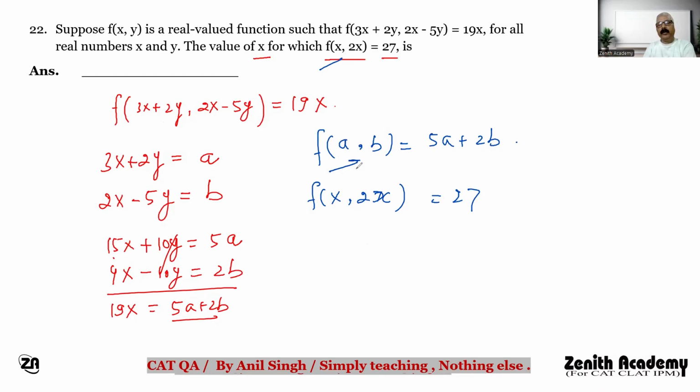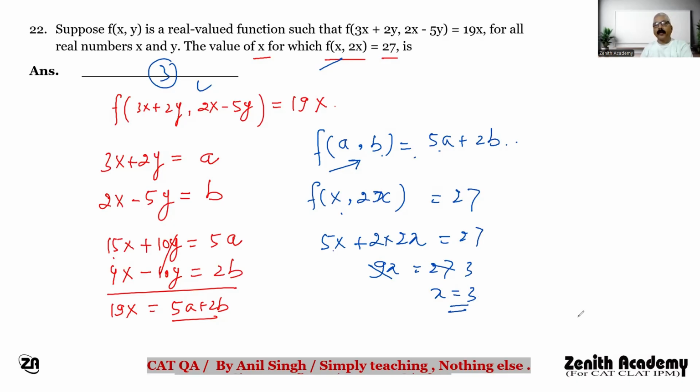This function is defined as f(a, b) equals 5a plus 2b. So this will be 5x plus 2 into 2x is equal to 27. So 5x plus 4x, this is 9x is equal to 27. So it is 3. X is 3. This is our answer.